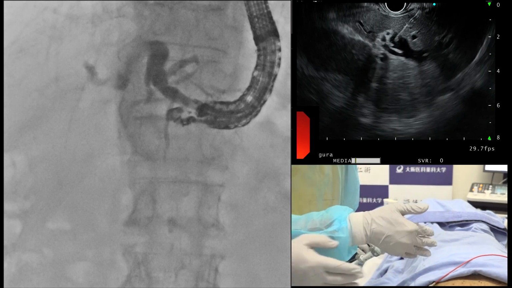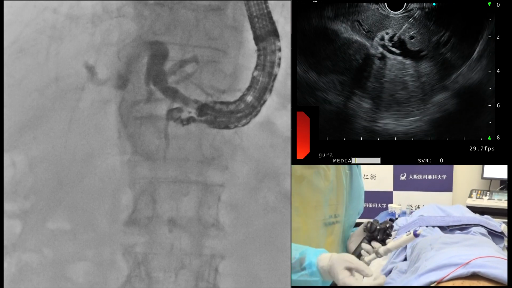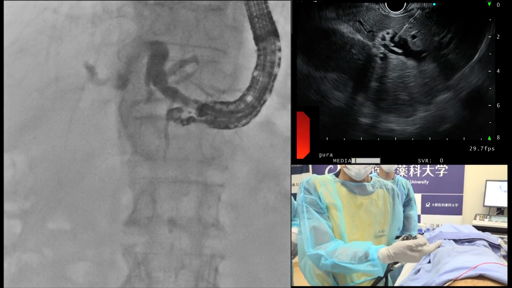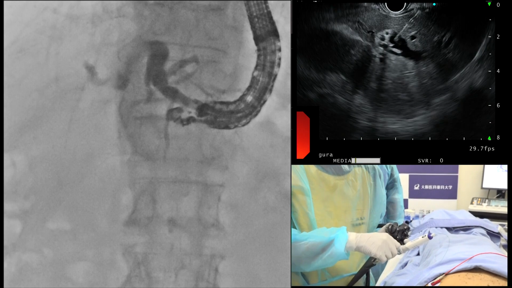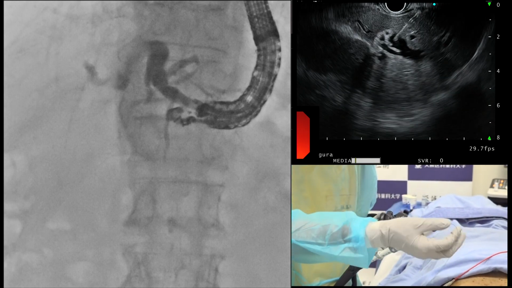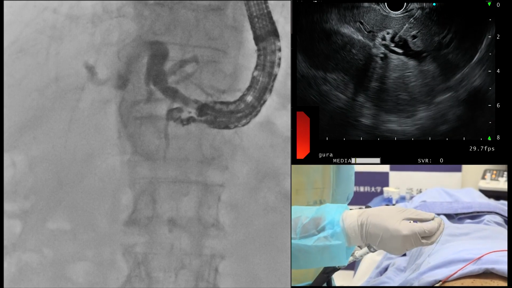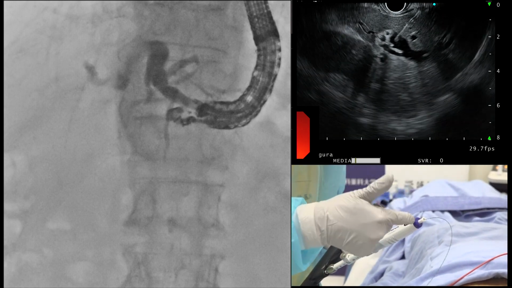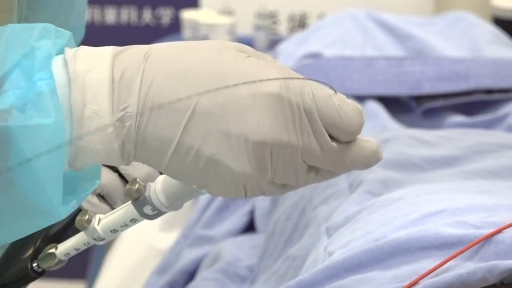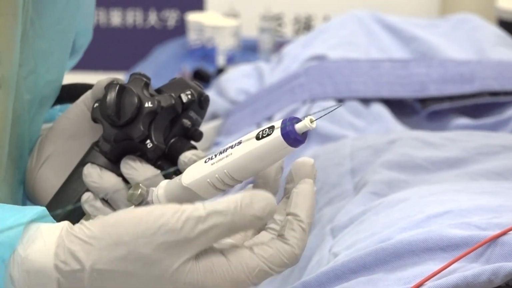What size is this guide wire, 0.025 or 0.035? 0.025. As you know, lever impaction techniques may be useful, but physician-controlled guide wire techniques are also useful. So this is the physician-controlled guide wire technique.